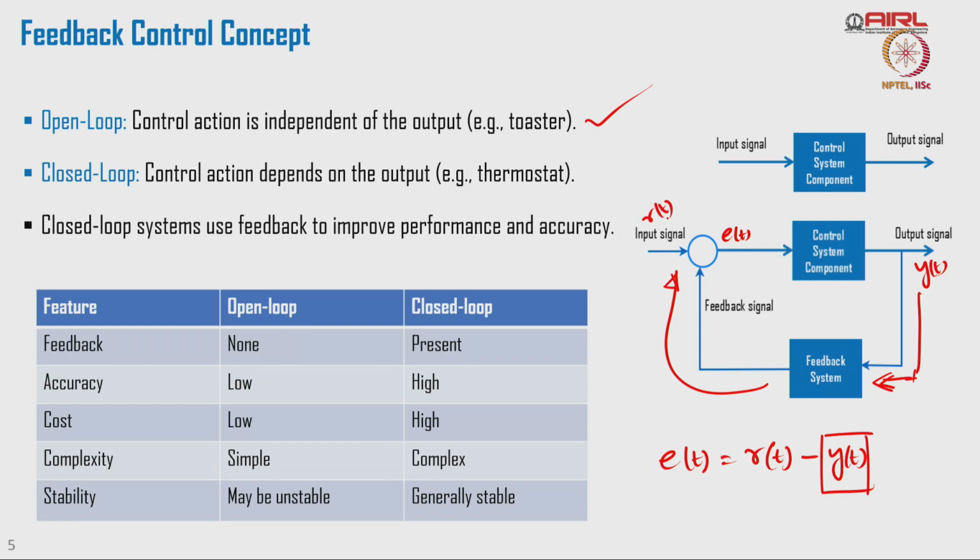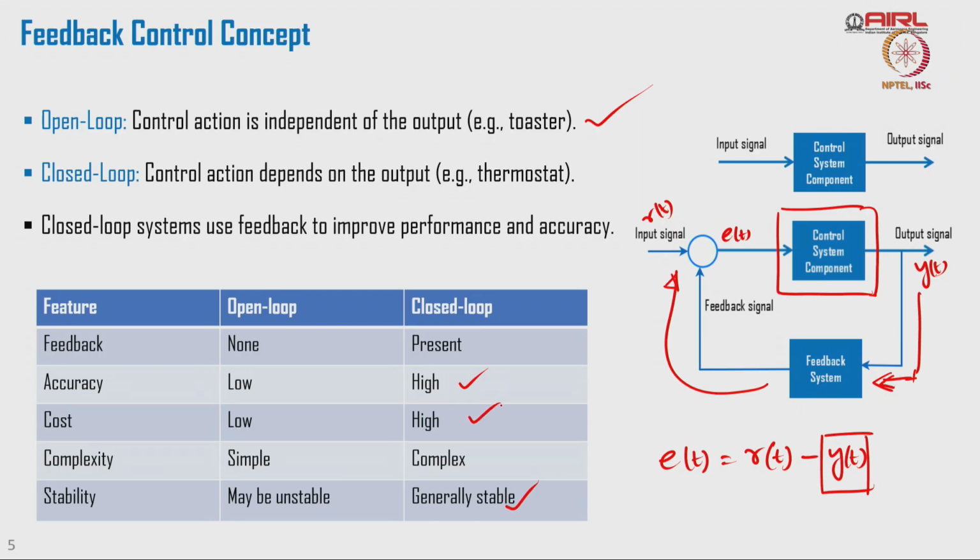So, this is the error. That error is handled by the control system component in feedback control system, and it gives an error correction mechanism. When there is a feedback, we can see that the accuracy will be high, the stability can be improved. However, because of some complexity added into the system, the cost is higher.